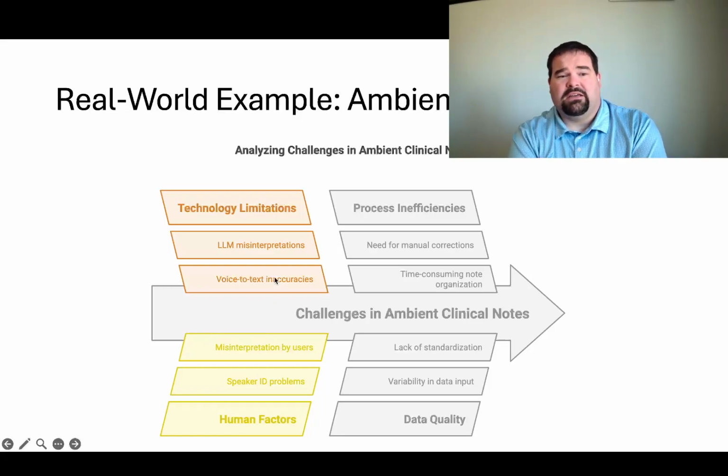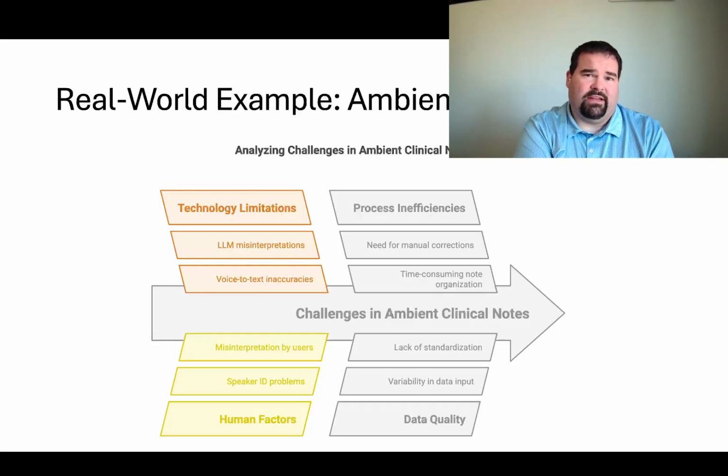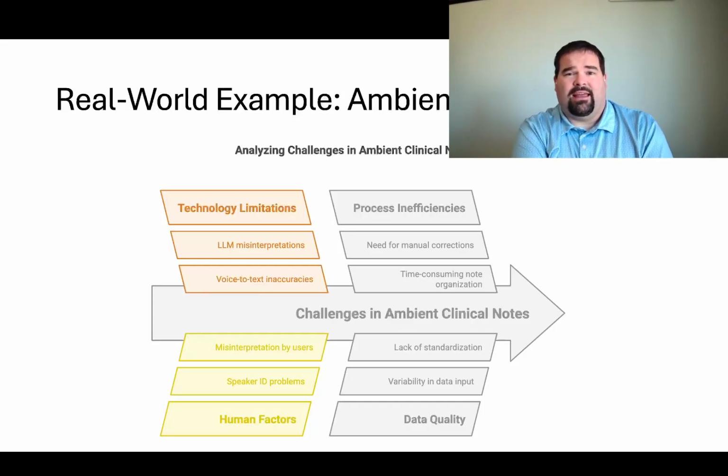Also, with voice to text, it's not going to have the clear delineations that written text will have, with periods and exclamation marks. And so it is frequently a bit challenging, and why it's taken large language models to get to the point that we can make realistic clinical notes from these voice to text models.